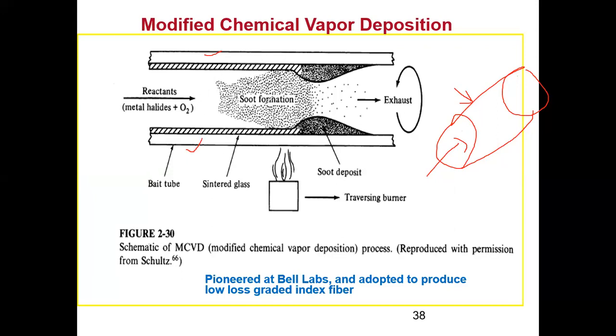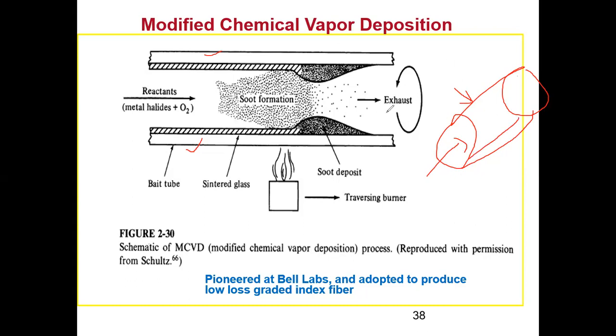Okay, so soot particles, you know, those white, small kind of dots. And there is a burner. Okay, so that burner is moving here and there. And this cylindrical rod is rotated because I want uniform deposition. एक ही साइड में अगर हम लोग रखेंगे तो एक ही साइड पे डिपॉजिट होगा, ये साइड पे डिपॉजिट नहीं होगा.